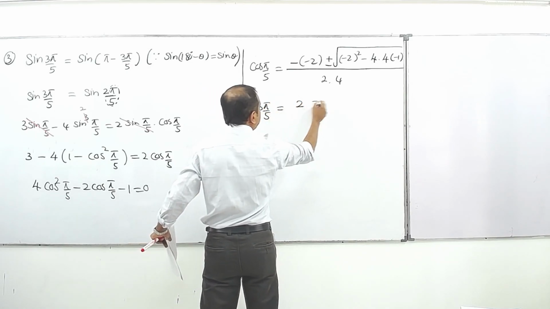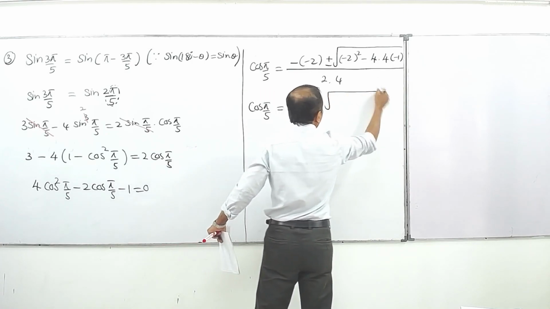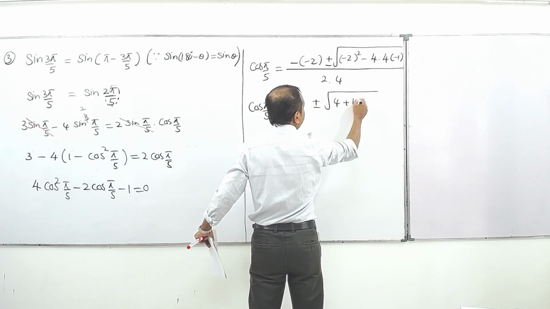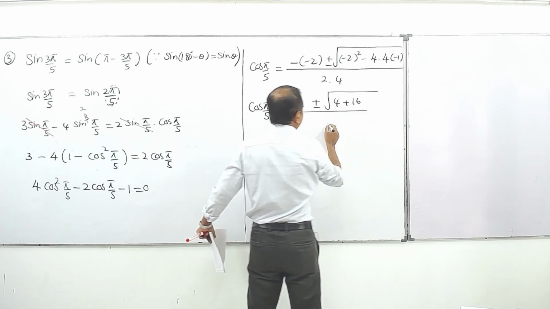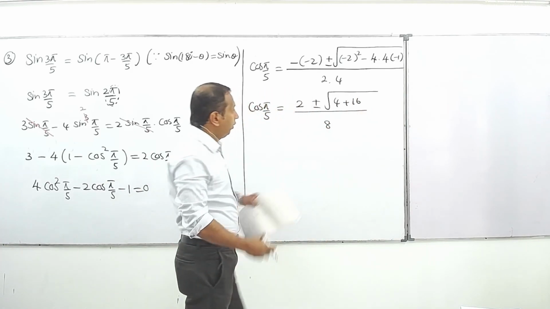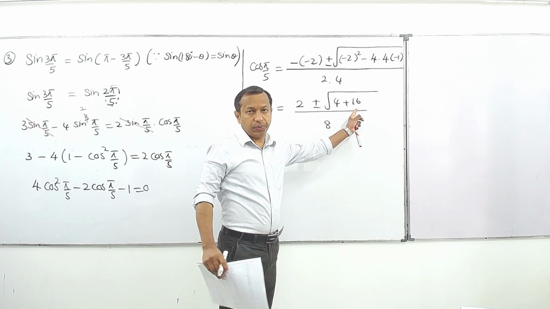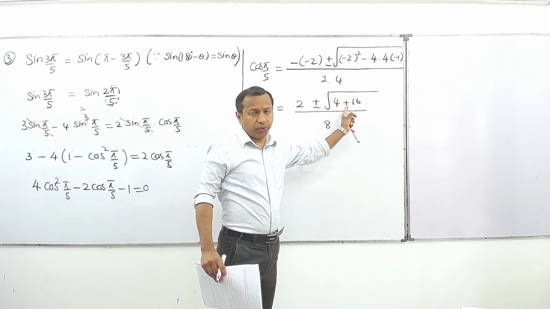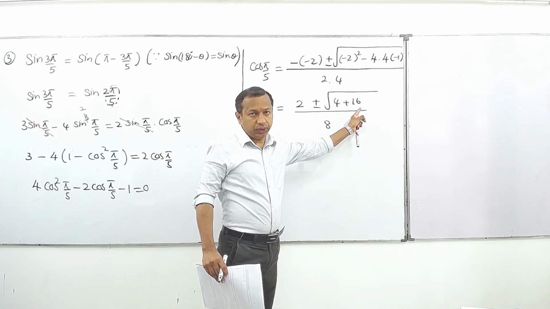Here 2 plus or minus, here 4 and 16 divided by 8. Here people, we can write 4 plus 16, 20. 20 we can write as 4 into 5. Right, so then this is 2 root 5, no?